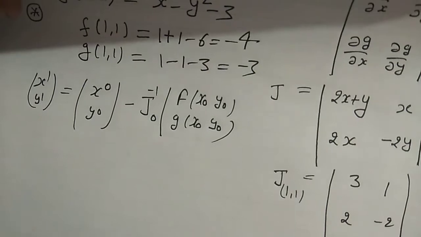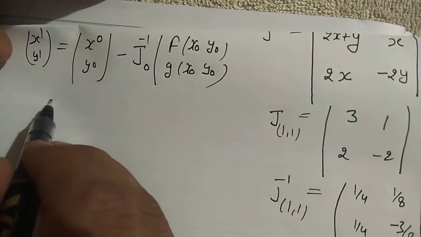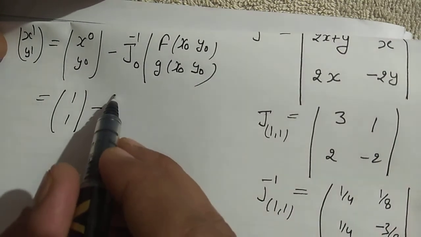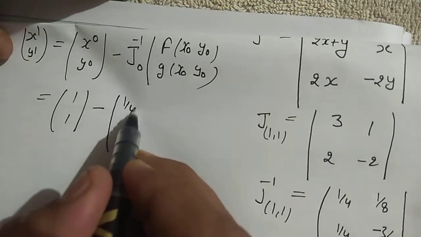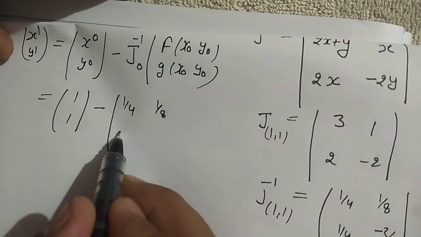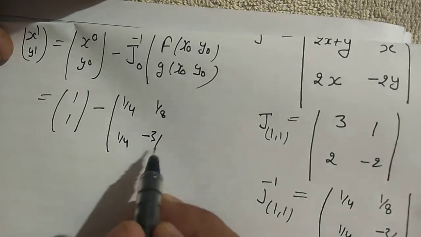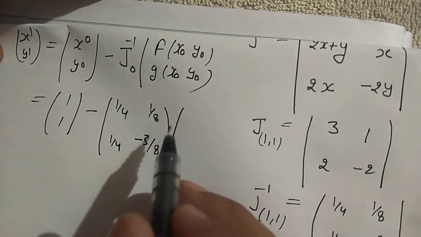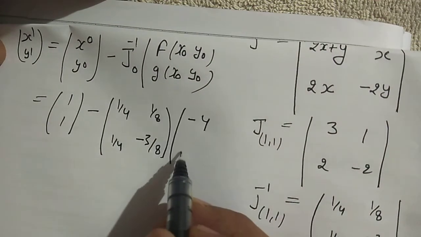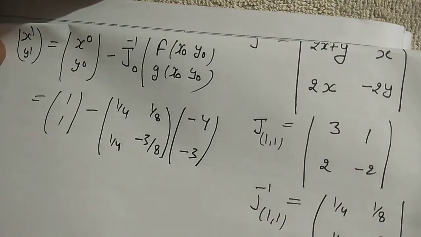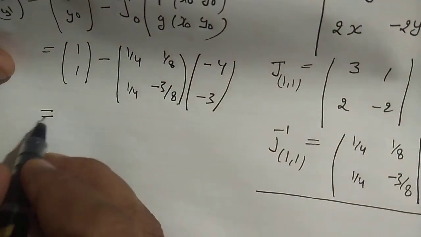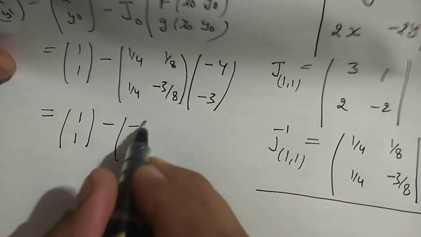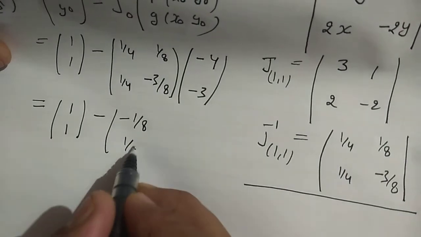So x0, y0 equal to 1, 1 minus, and your Jacobian inverse is [1/4, 1/8; 1/4, -3/8], and f equal to minus 4 and g equal to minus 3. So if you simplify, we get 1, 1 minus the vector with entries minus 1 by 8 and 1 by 8.